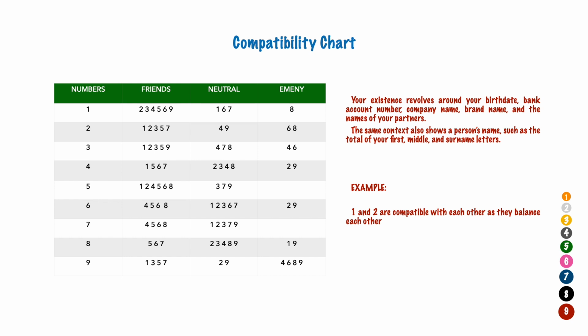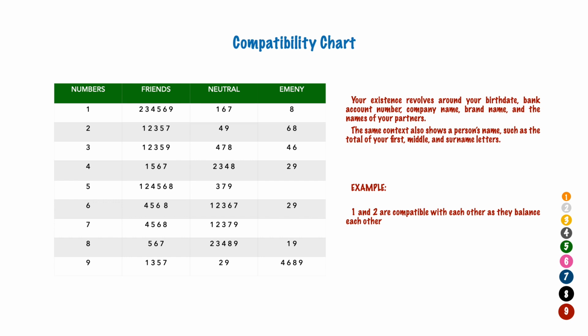This number does not have any enemy. Number 5 has friends 1, 2, 4, 5, 6 and 8. A neutral relationship with 3, 7 and 9. Number 5 does not have any enemy. So hence we always get the blessings of number 5 so that we get balance throughout every aspect of life.